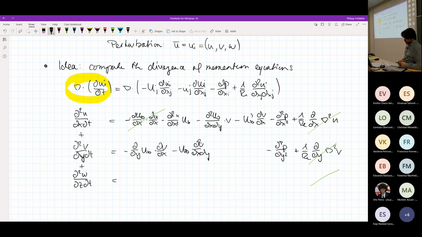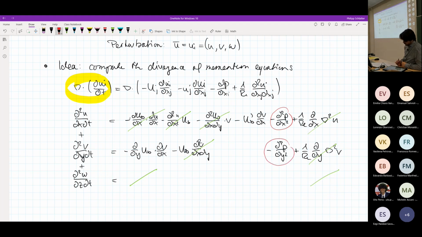So if you now continue with taking away terms that can actually fall away, so this one is 0. Then of course this one, this term, which would be the span-wise derivative of the base flow, would also become 0. And then the other terms that will be 0 will be this one and this one and this one. So essentially what remains at the end of the day is the pressure term, which is here.